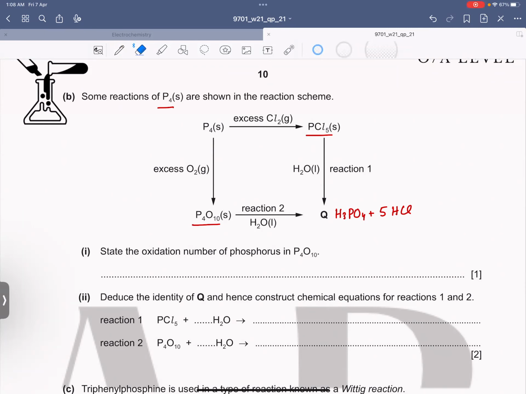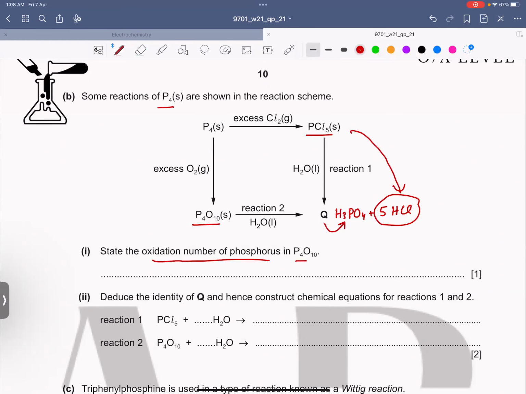When I dissolve P4O10 in water, it converts into H3PO4 only, that is Q. This is due to PCl5; when we add P4O10, HCl would not be formed.